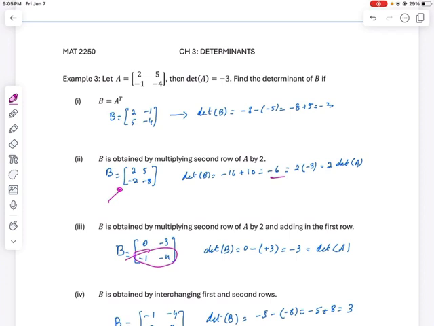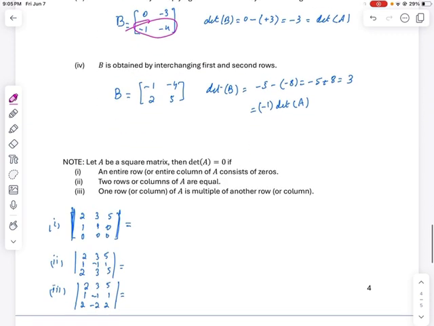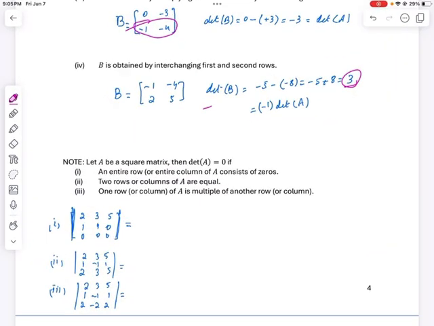We get negative 3, which is the same as the determinant of A. And last one here, B is obtained by interchanging the first and second row. So if you interchange and calculate the determinant of B, you will end up getting a 3, which is negative 1 times the determinant of A, because the determinant of A was negative 3. So we get a different, opposite sign.